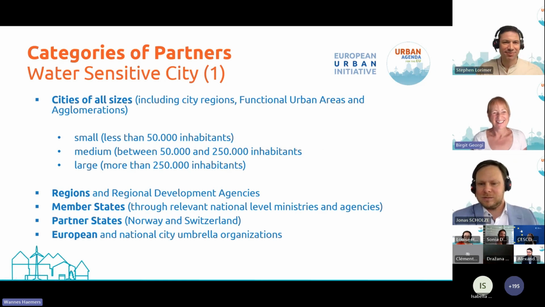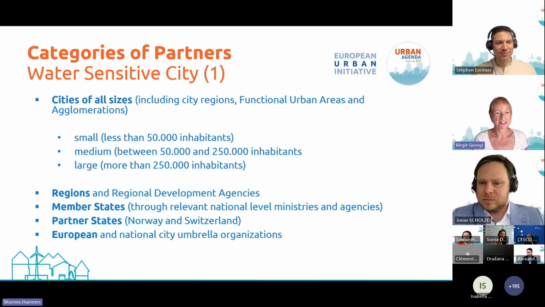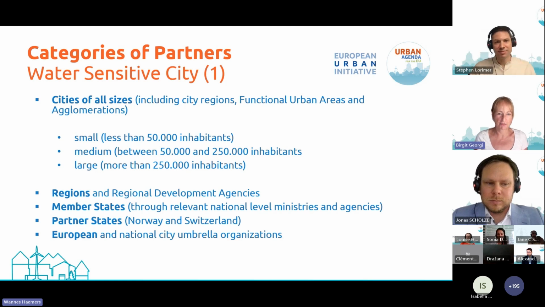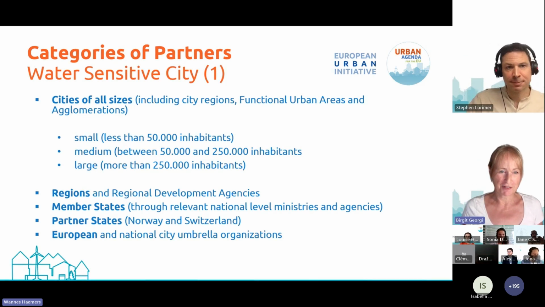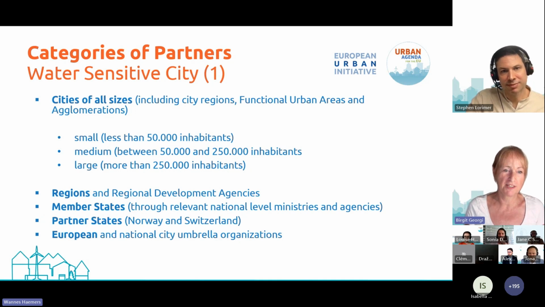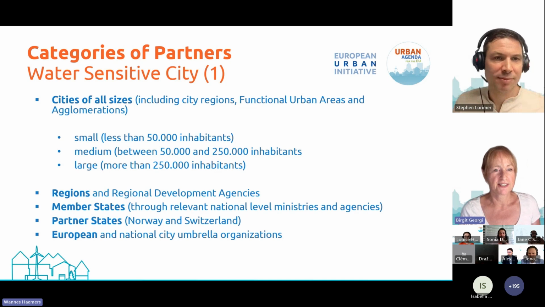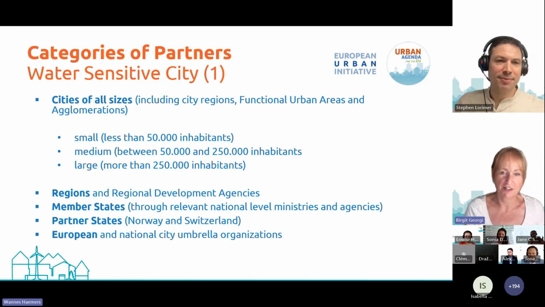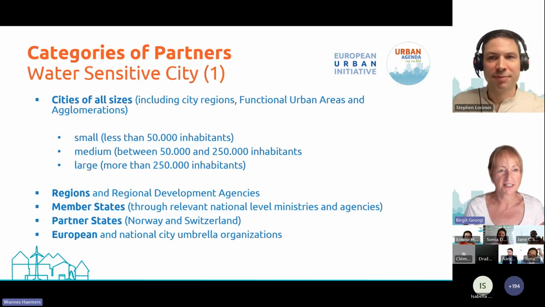Okay, so there has already been the question, what are the categories of partners in such a partnership? And in the case of water-sensitive cities, they should, of course, be linked to water management in cities. And up front, there are cities of all sizes, small cities, medium-sized cities, and large cities, as well as metropolitan areas, functional urban areas, and agglomerations.